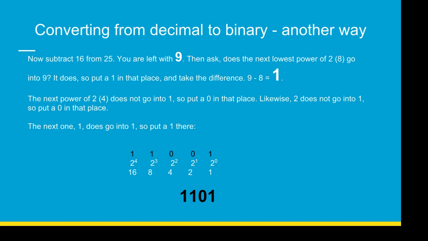Then I subtract 8 from 9, because now I've taken care of 16 and 8. That leaves me 1. And 4 doesn't go into 1, so I put a 0 there. 2 doesn't go into 1, so I put a 0 there, and then I put the final 1.